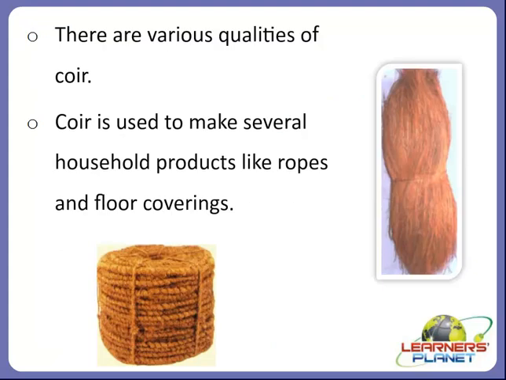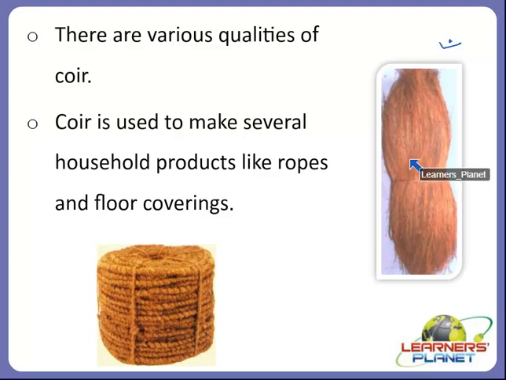So this is one such picture of coconut fiber. Means the coir, which is the fiber obtained from the coconut. Right? So usually coconuts are left in water for months, and the husk is then separated from the nut and beaten with wooden mallets to get the fiber.